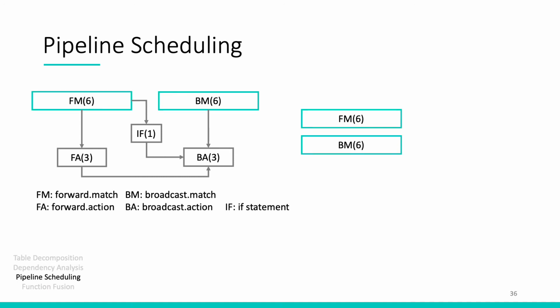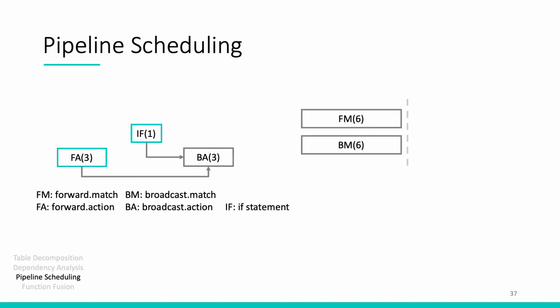First, the scheduler selects the independent functions and allocates them into the pipeline. In this example, forward match and broadcast match are independent, so they are allocated in the first stage. Then the scheduler removes the allocated functions from the PDG and selects the next independent functions. So the forward action and if statement are allocated in the second stage.